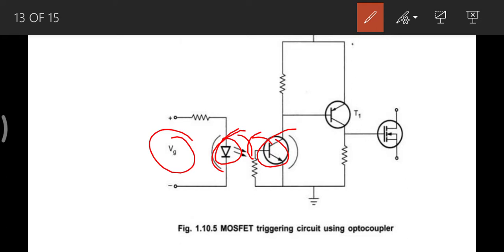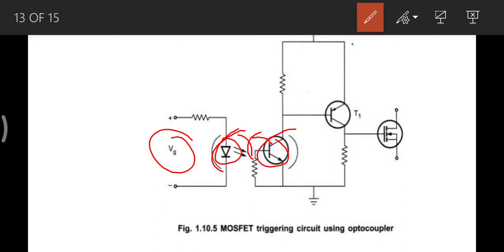Therefore the base of transistor T1 is conducted to 0 volts through the photo transistor. Due to this, T1 turns on. Therefore the voltage VCC is applied to the gate of the MOSFET.